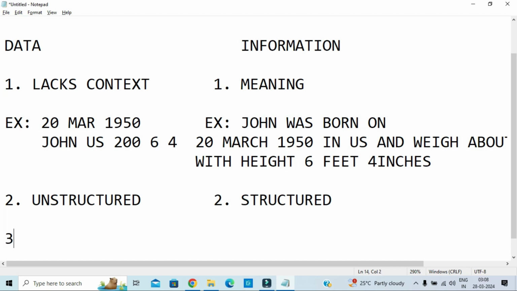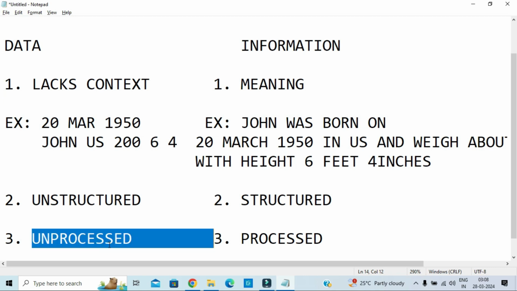The next thing is, data is unprocessed, information is processed. Why do we say data is unprocessed?